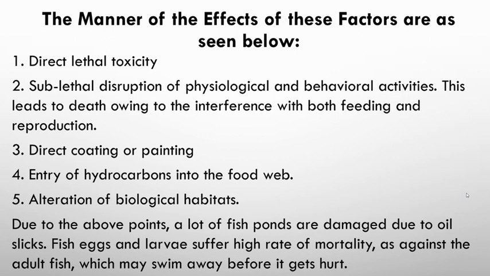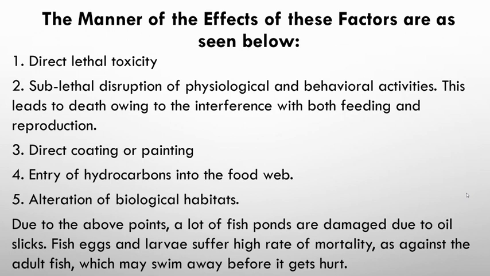And because of these changes, there could be death of the organism also, because there is interference in their feeding and also interference in their reproduction, because the presence of some of these pollutants might halt reproduction.